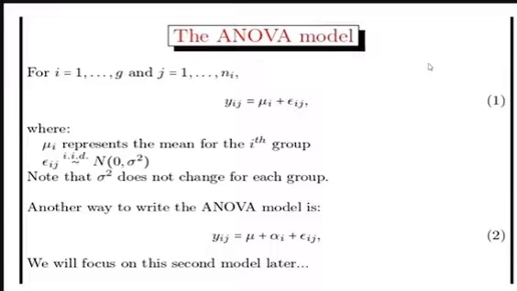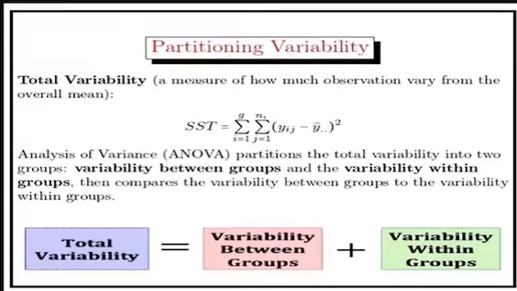Does that make sense? Now, equation 1 and equation 2 are the same. They represent the one-way analysis of variance model. What we normally want to do in a one-way analysis of variance model is to break down the total sources of variation around the response.